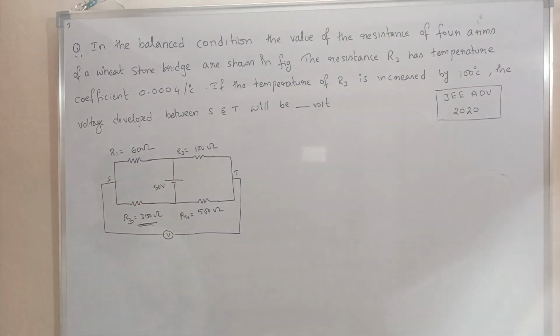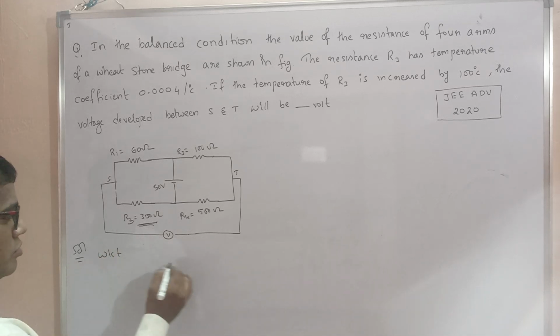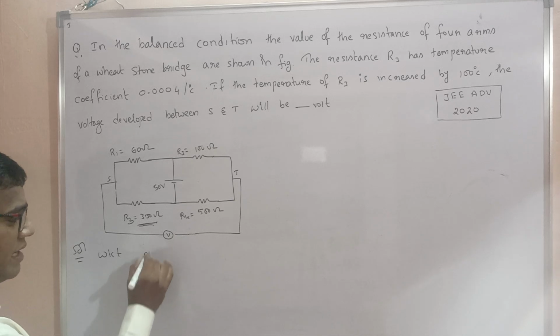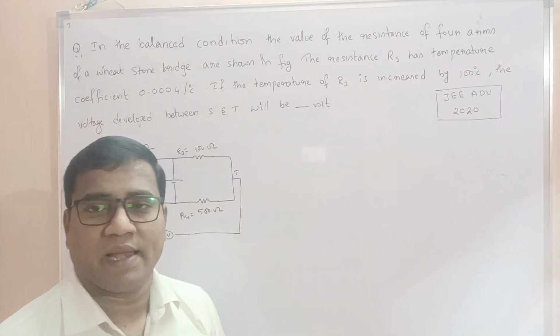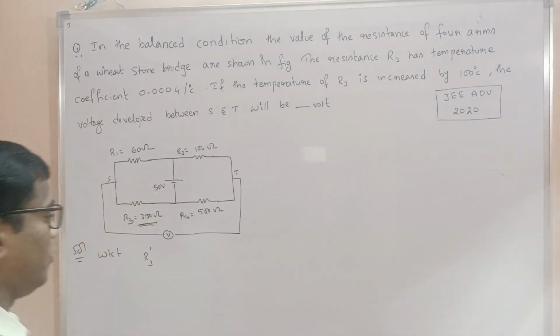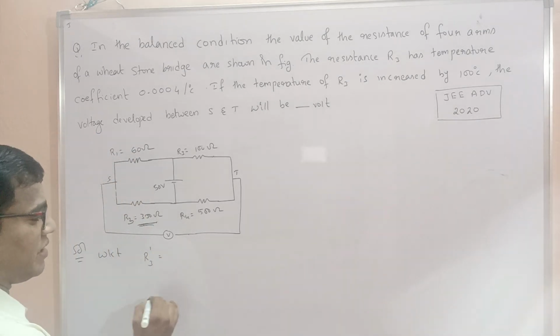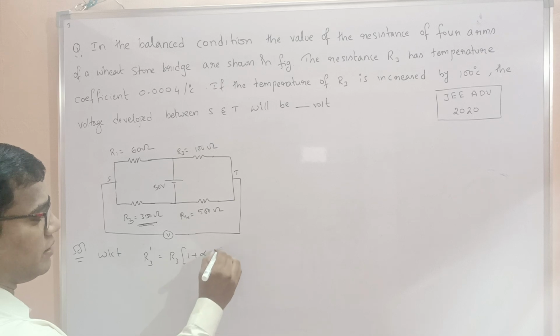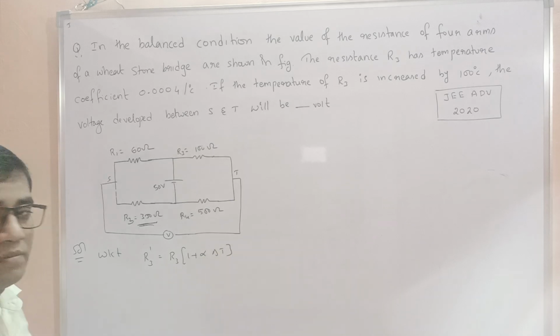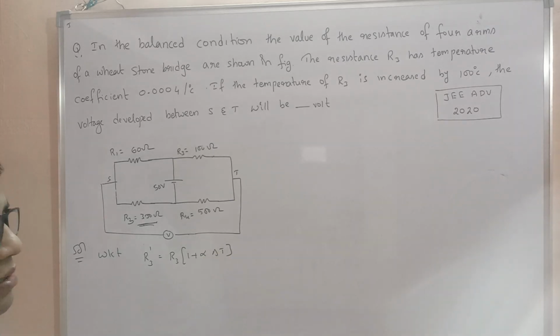We know the temperature coefficient is given. So we can write R3 dash, the resistance at a temperature of 100 degrees. The formula is R3 dash equals R3 into 1 plus alpha delta T. This is the formula related to the temperature coefficient.